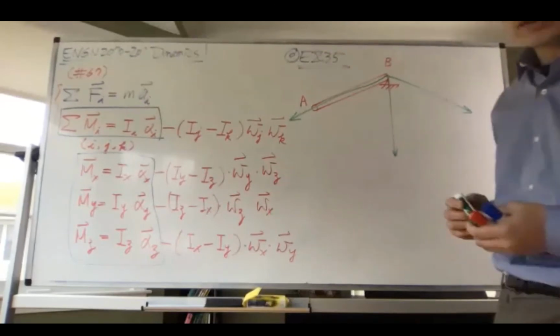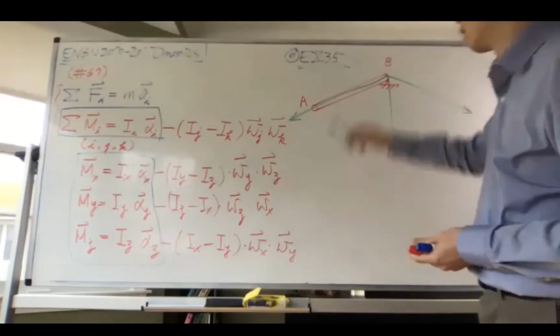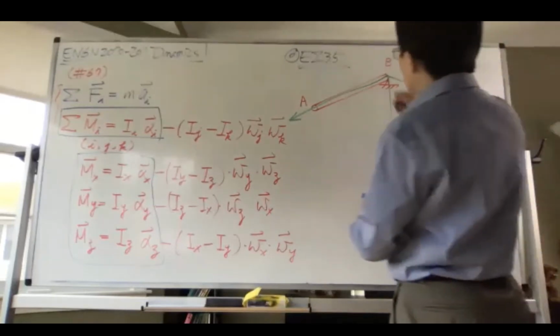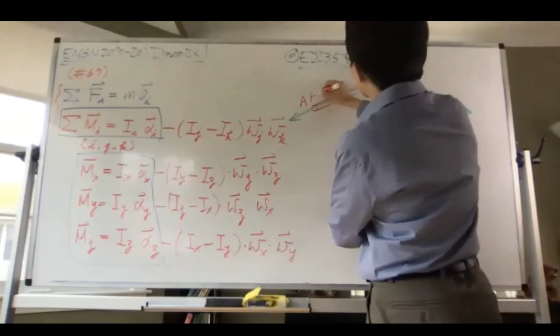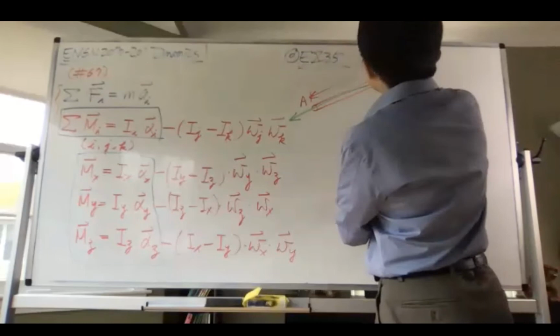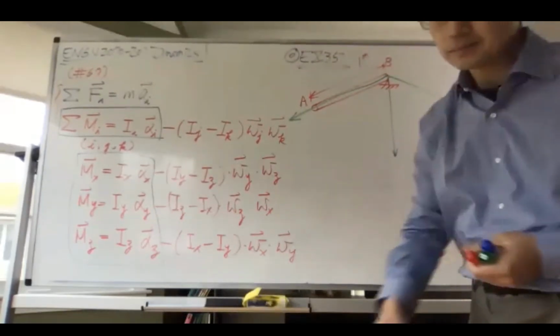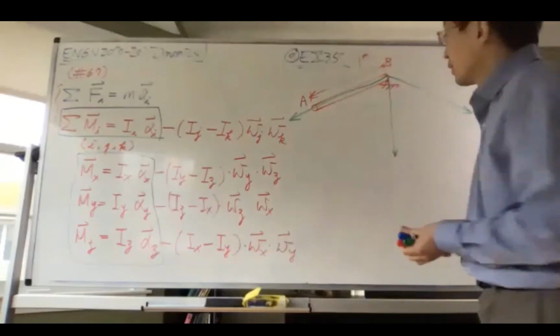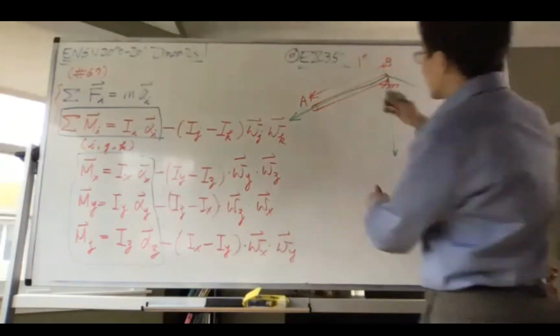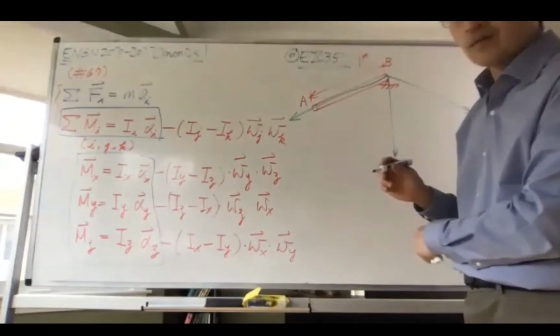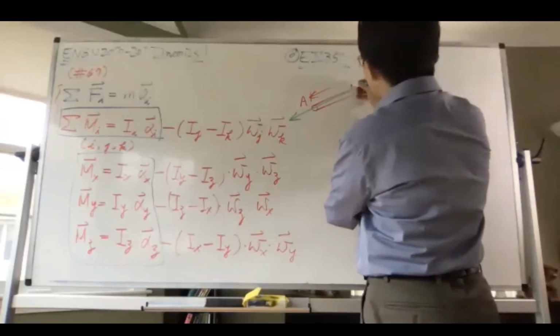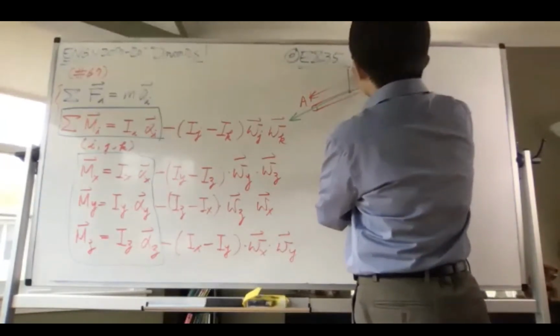Now, the question is this. You're provided with the total length of this bar, which is 1 meter. We know this to this is 1 meter. The problem asks you to determine, what if I want to know at this point, this is my coordinate system.